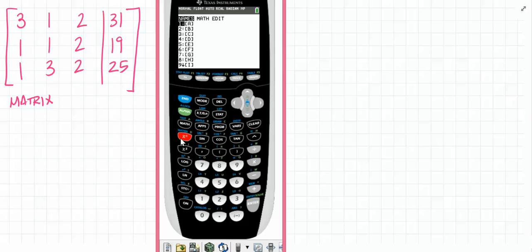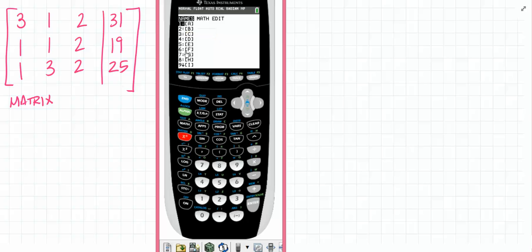In the matrix folder, you have 3 tabs. You have the names, you have the math tab, and you have the edit tab. Okay? Underneath the names tab, the calculator has matrix A, B, C, D, all the way down. Those are the names that the calculator gives to a matrix, and that's okay. You can't change it, so don't worry about it, okay?